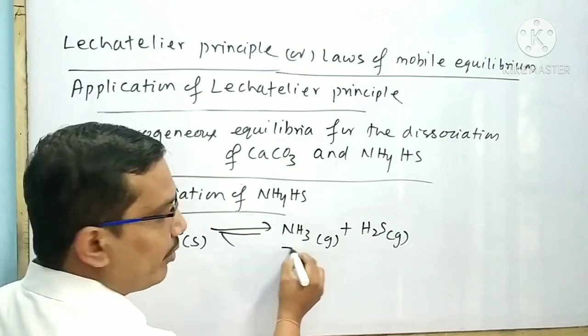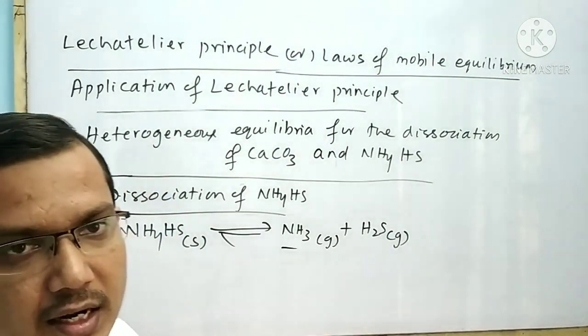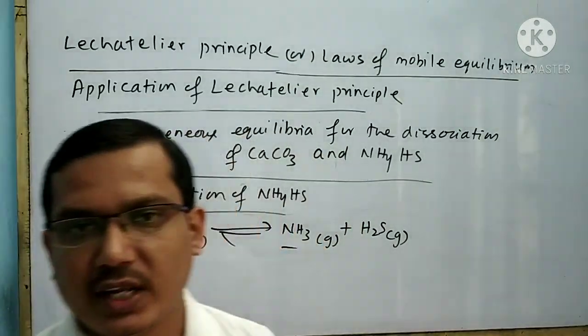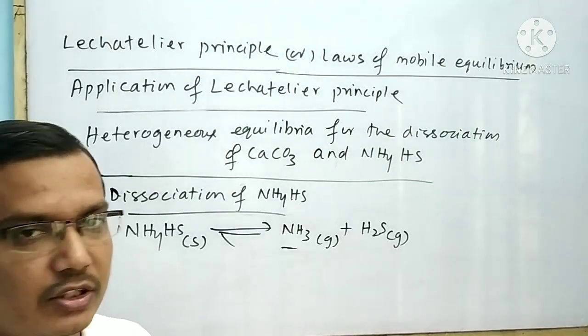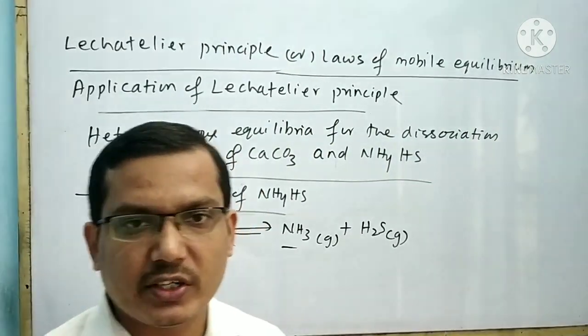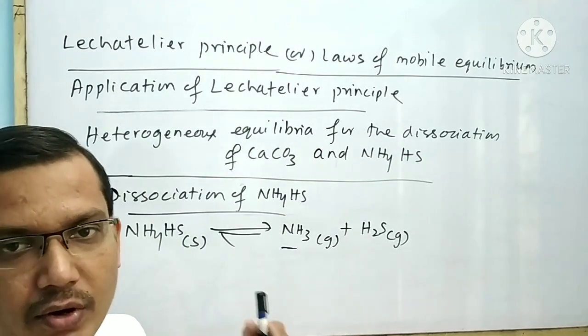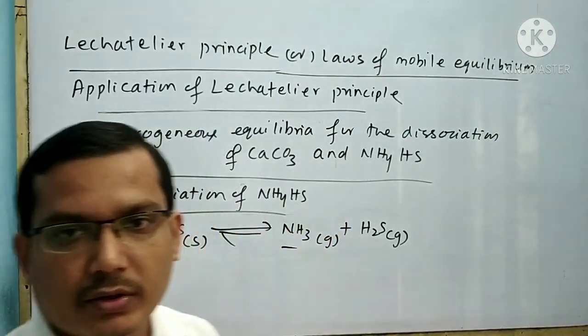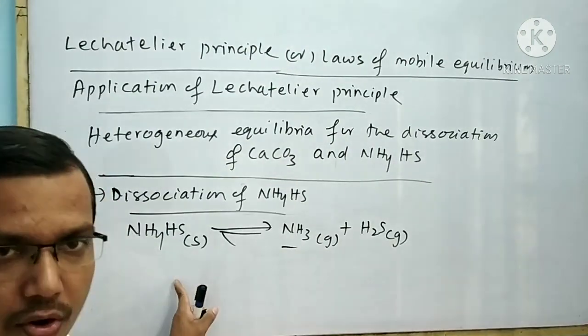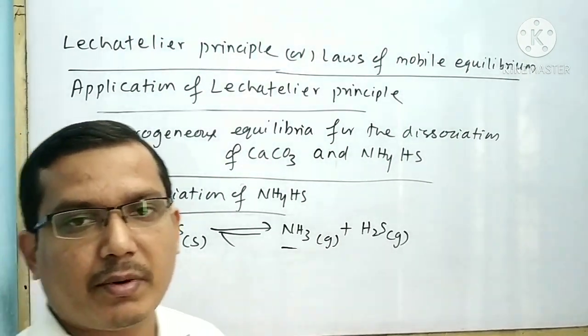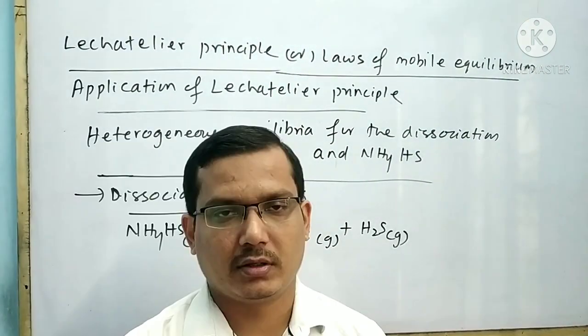Out of ammonia gas and hydrogen sulfide gas, ammonia can be easily liquefied. Thus, ammonia is continuously removed from the reaction mixture and the forward reaction will continue to take place till whole ammonium hydrogen sulfide is decomposed.